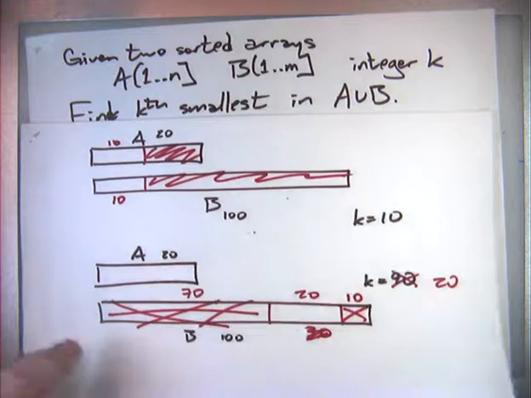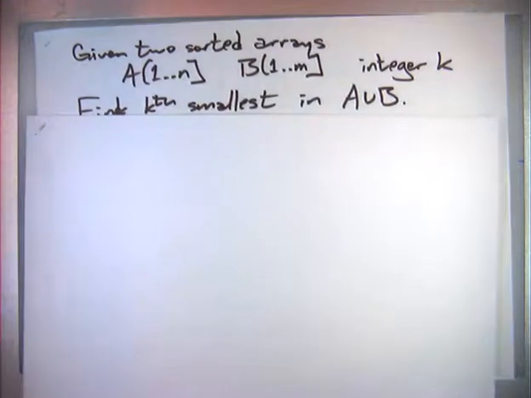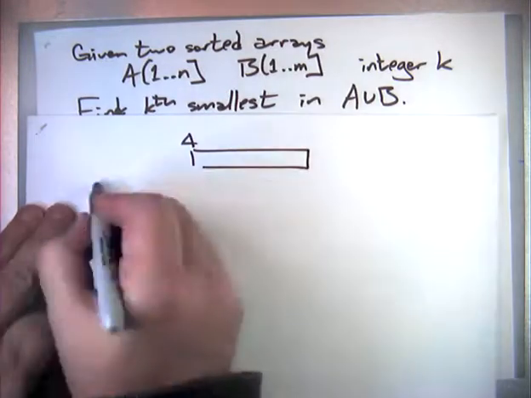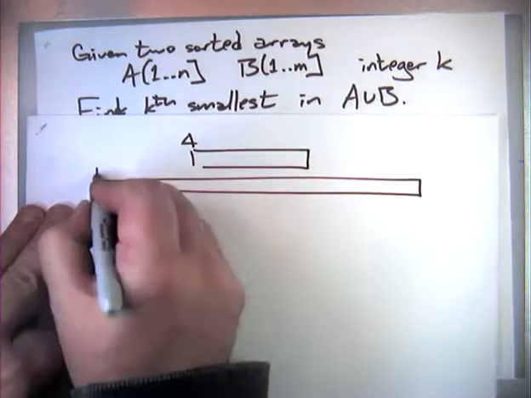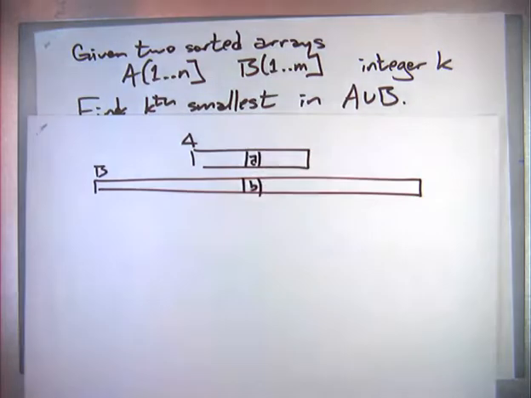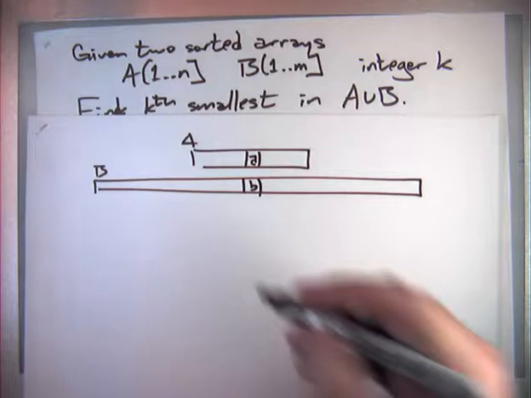Now there's another way that you can do this, which is to say the following. So I'm going to imagine lining up A and B, and I compare the middle element of A and the middle element of B, just like I did in the first algorithm.